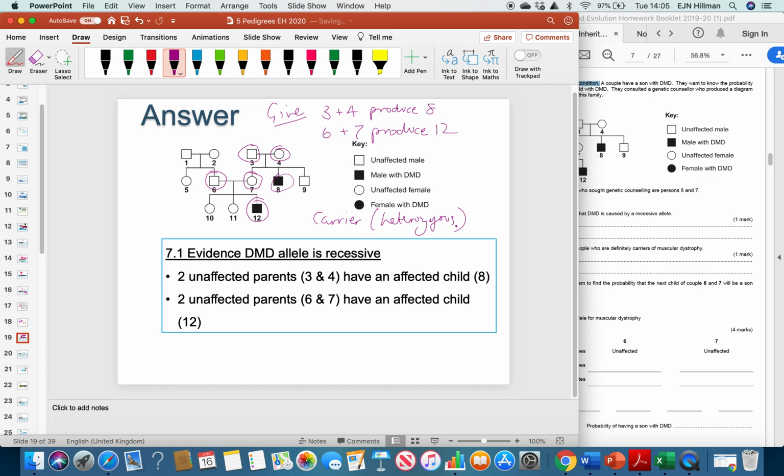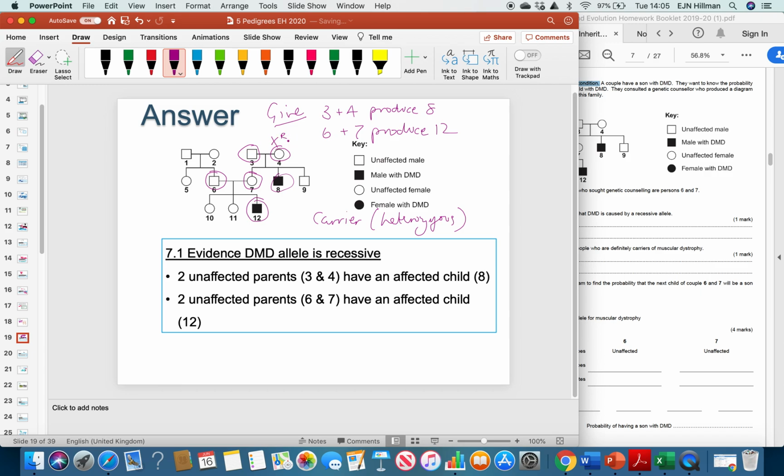So we're looking for 2 females who are heterozygous, and we know they will be heterozygous if they can pass on a recessive allele to a son to give that son muscular dystrophy. So we know that the definite carriers must be number 4.